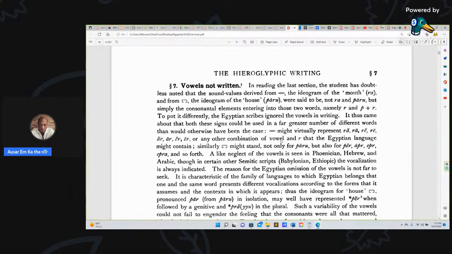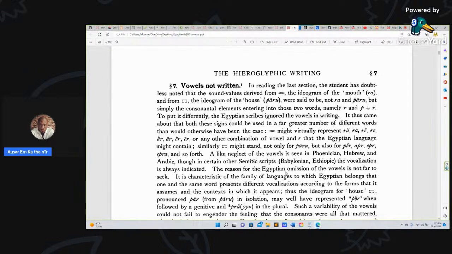Similarly, Per might stand, or Paru might stand, not only for Paru, but also for Per, Aper, Eper, Epra, and so forth. A like neglect of the vowels is seen in Phoenician, Hebrew, and Arabic, though in certain other Semitic scripts, Babylonian, Ethiopic, the vocalization is always indicated.